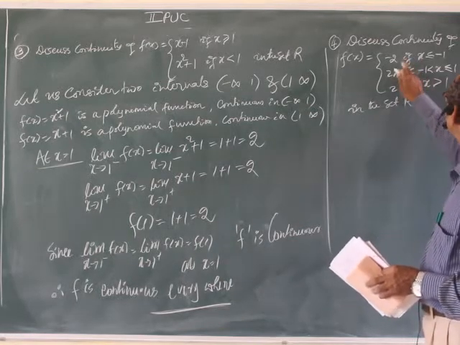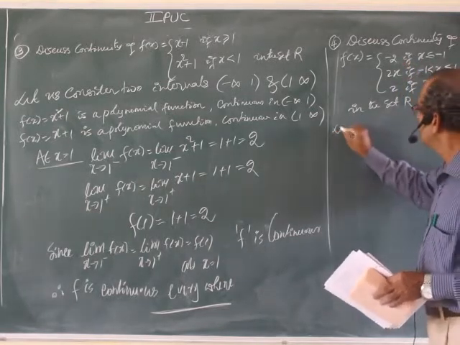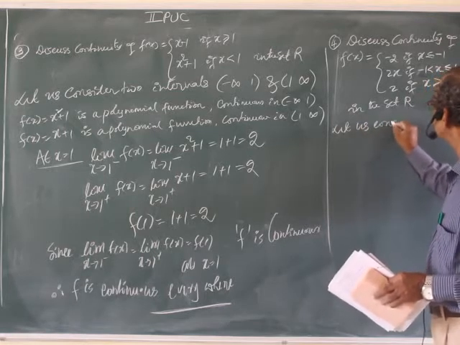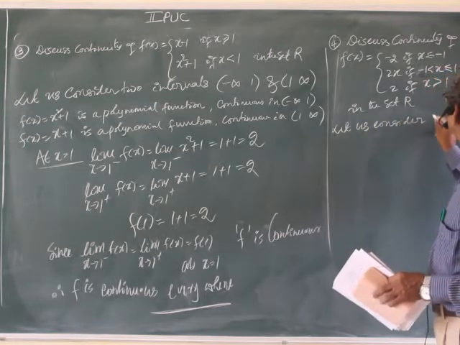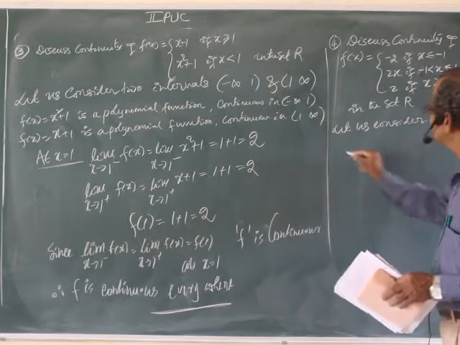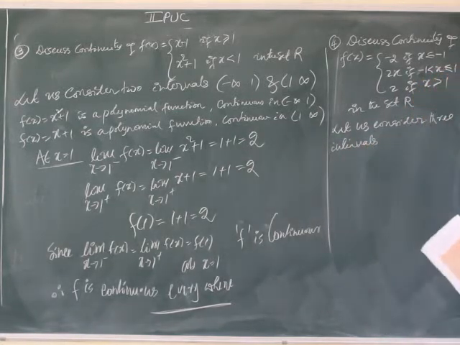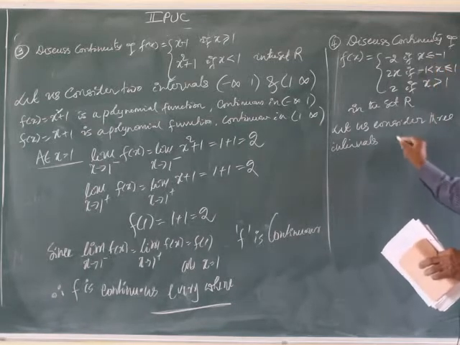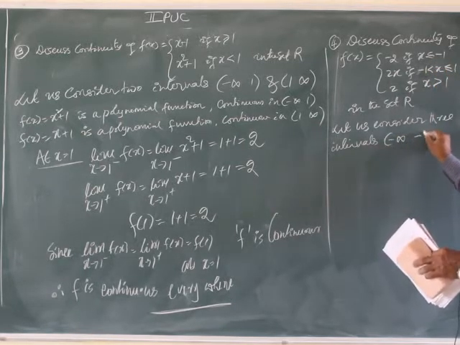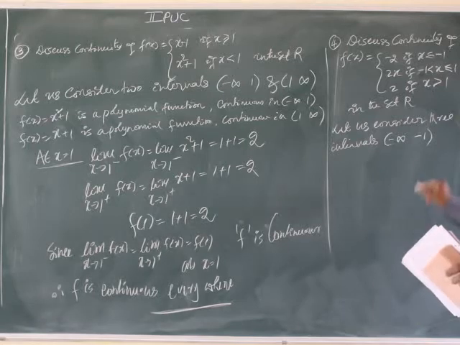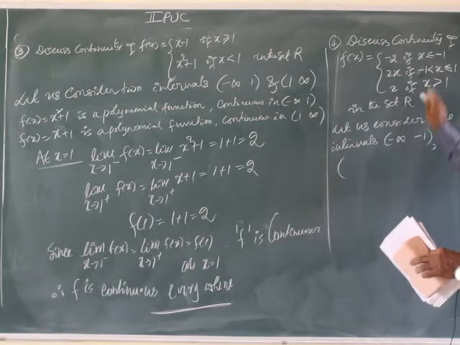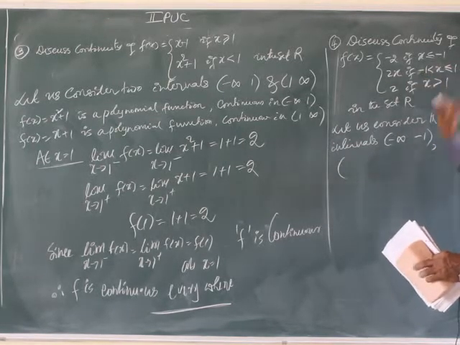Actually, you have to divide it into 3 intervals. Let us consider 3 intervals. First one, less or equal to -1, minus infinity to -1. Next one is -1 to 1.